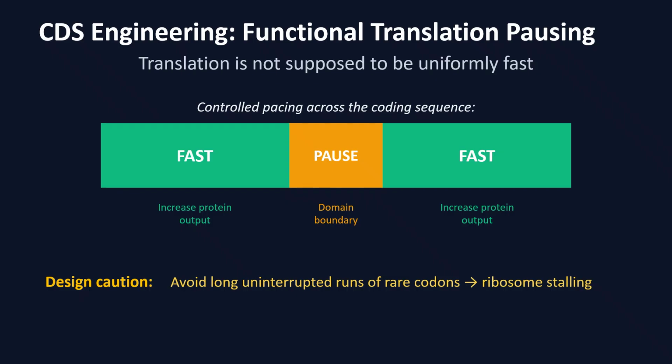So when it comes to engineering, we can intentionally place slower codons in specific regions. But uncontrolled slowing is different from intentional pausing. Long stretches of rare codons can stall ribosomes and may trigger quality control or reduce yield. So the goal is controlled pacing, not necessarily maximum speed.